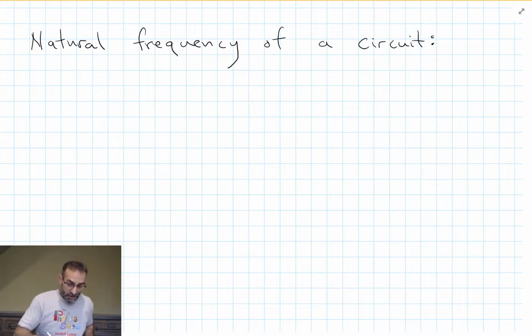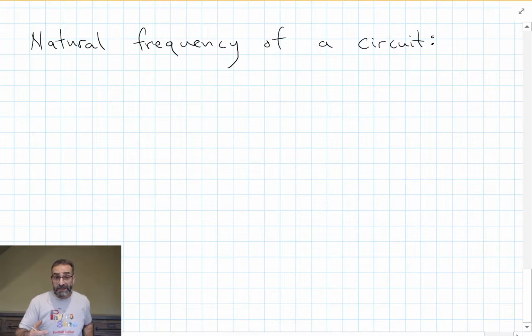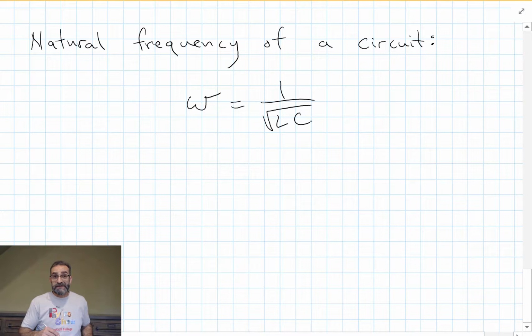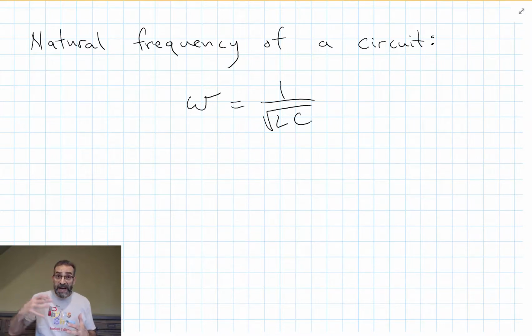And our angular frequency of oscillation for a circuit with an inductor and a capacitor is 1 over the square root of LC.